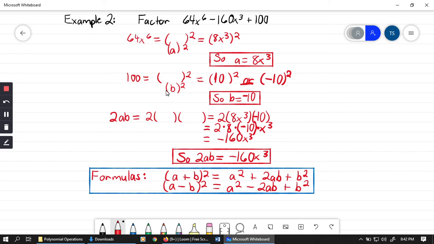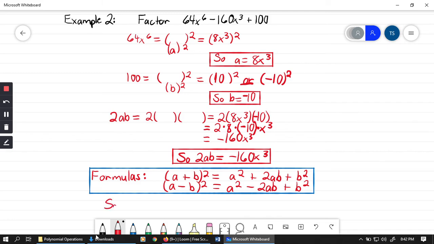And so again, for this one, it should be pretty clear which version of this formula we're going to use, because we can see here that this part was negative 160x to the third, and that 2ab was a negative. That should be kind of clear as far as that is concerned.